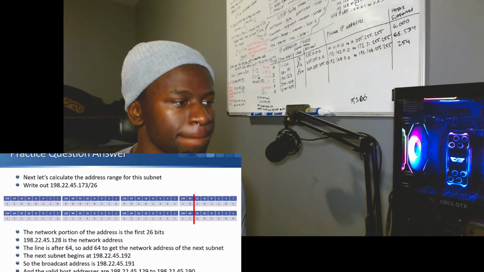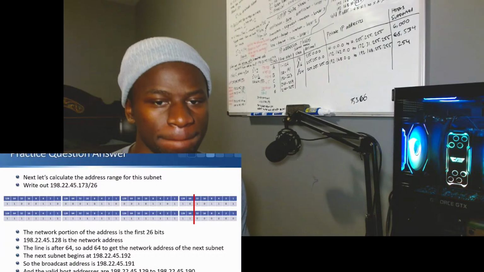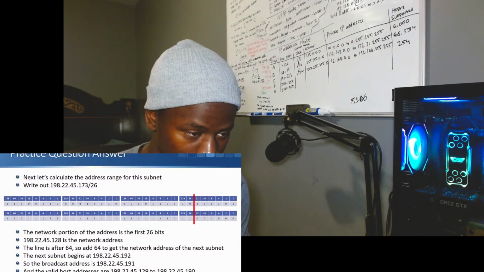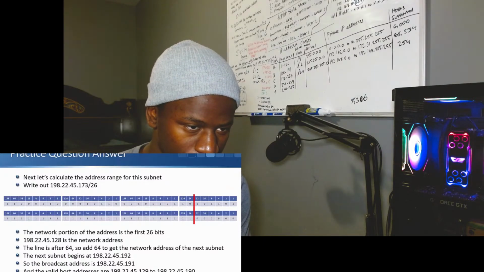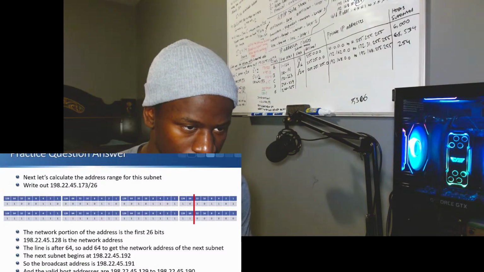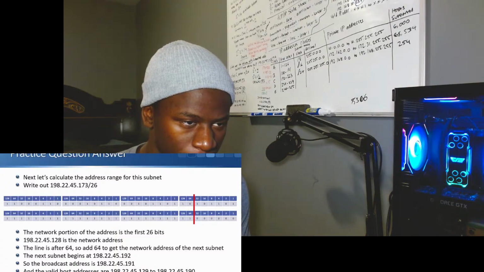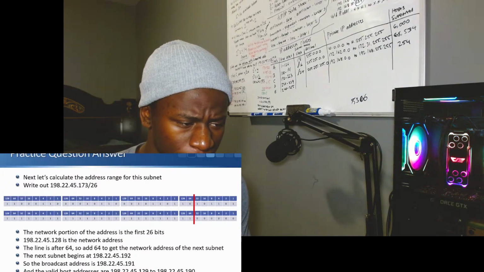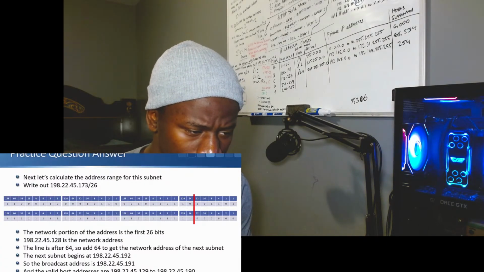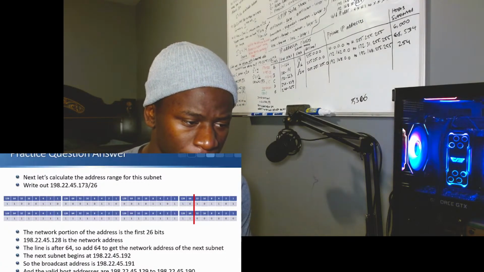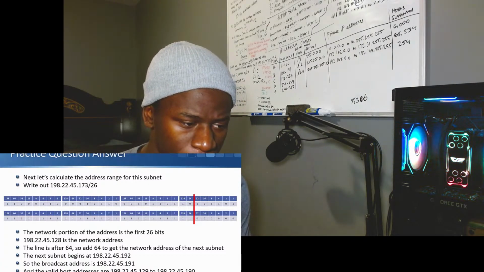We can take a little bit of a shortcut, and what we do is, again, you saw this in the last lecture, we look at where the line is. The line is here after the 64, so I know that my subnets go up in multiples of 64. So the first one is going to be 198.22.45.0, then 45.64, then .128, and so on.